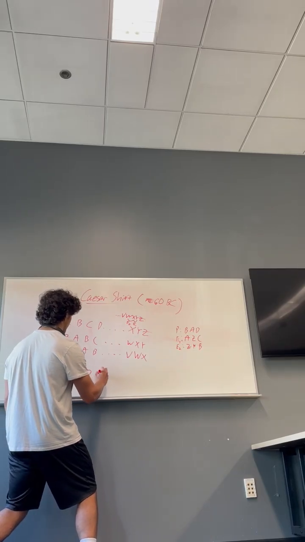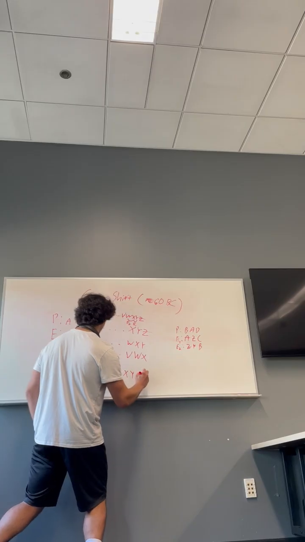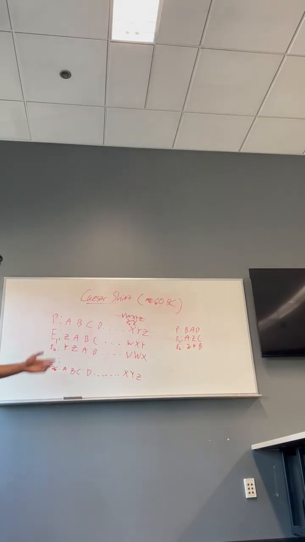If we shift A 26 times left, it's going to go back to A. B is 26 times back to B, and so on. So it's cyclic, and we only have a finite number of encryption methods to work with in the Caesar shift.